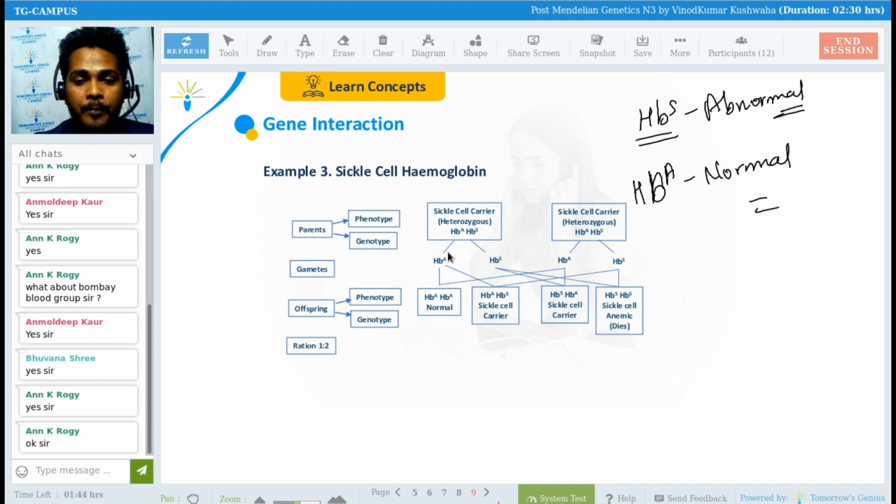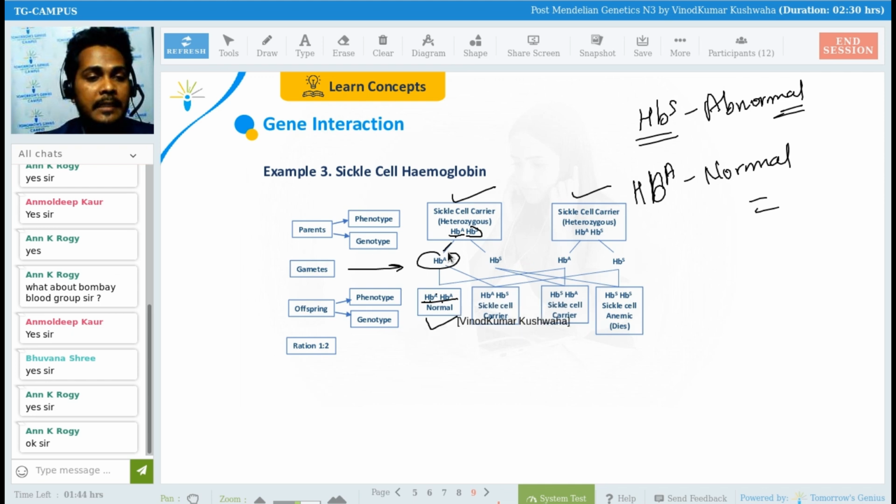Suppose this is a sickle cell carrier, heterozygous, and this is also a sickle cell carrier, heterozygous; HbS is abnormal, HbA is normal. In a parental cross, the parent genotypes are written as they are, and in the offspring there are different conditions. If HbA HbA, then the person is normal. If HbA HbS, that means the person is a sickle cell carrier.